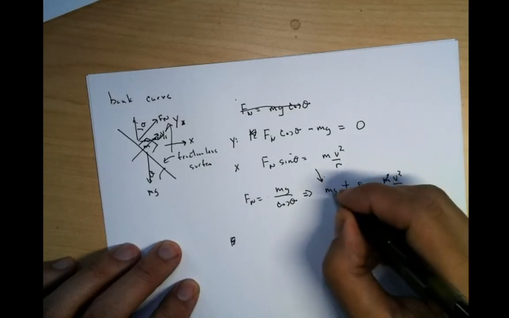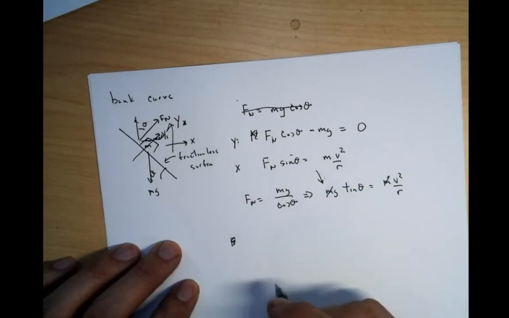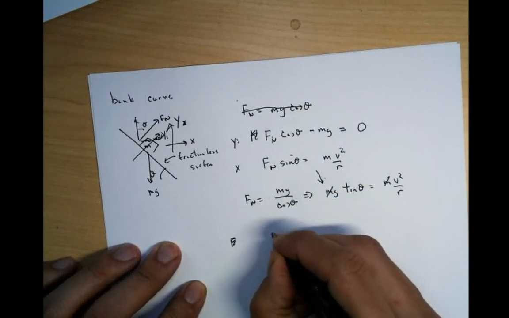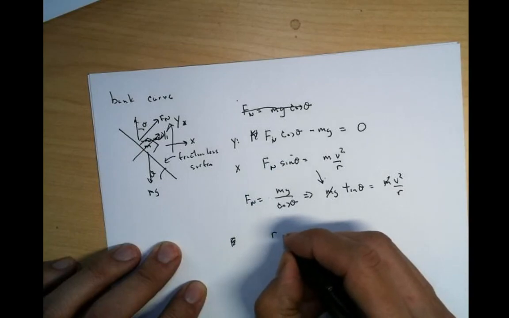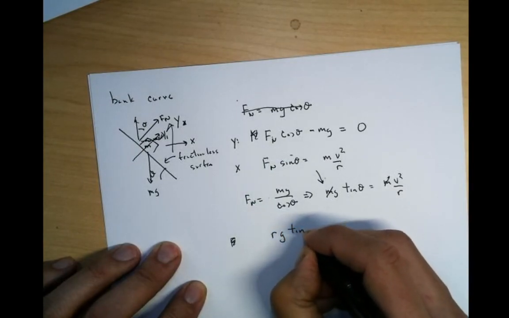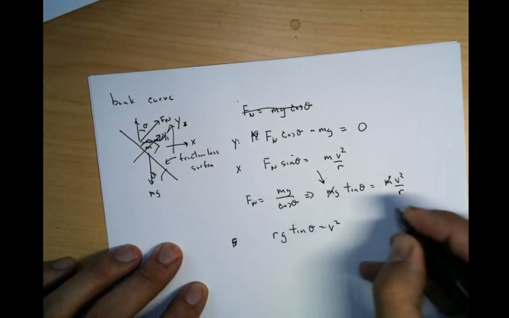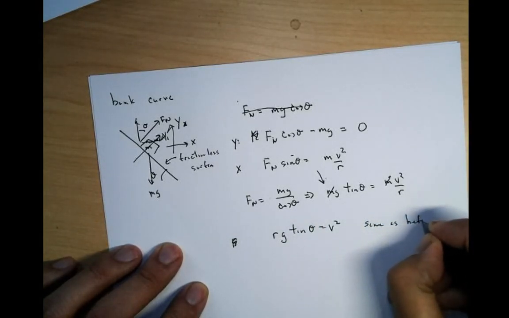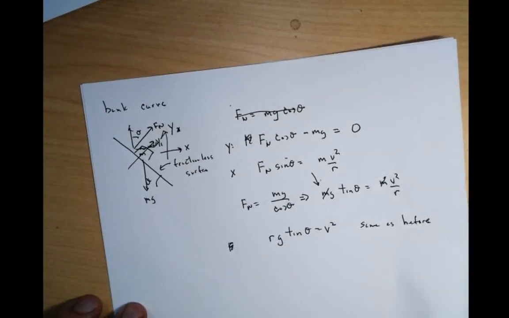Okay, let's kill off the m's now, right? And you get the same relationship as we had before, right? Which is that r, the radius of the curvature of the bank, times g tangent theta is equal to v squared. Okay, so the same as before, right?